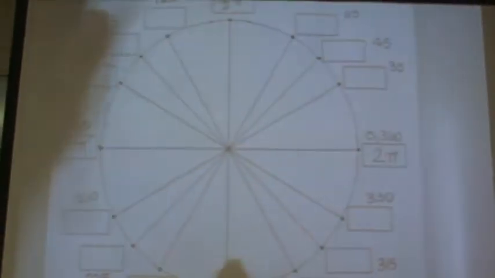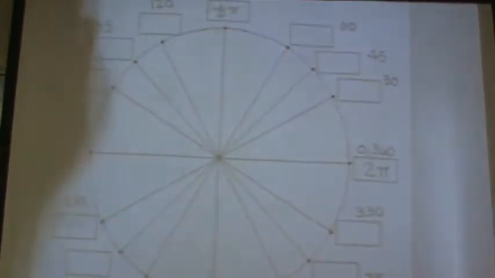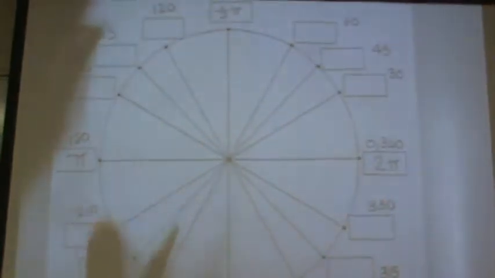So you've got a half, 1, 1.5, 2, 2.5, 3, 3.5, 4, 4.5, 5, 5.5, 6, 6.5, 7. That's going round and round and round.